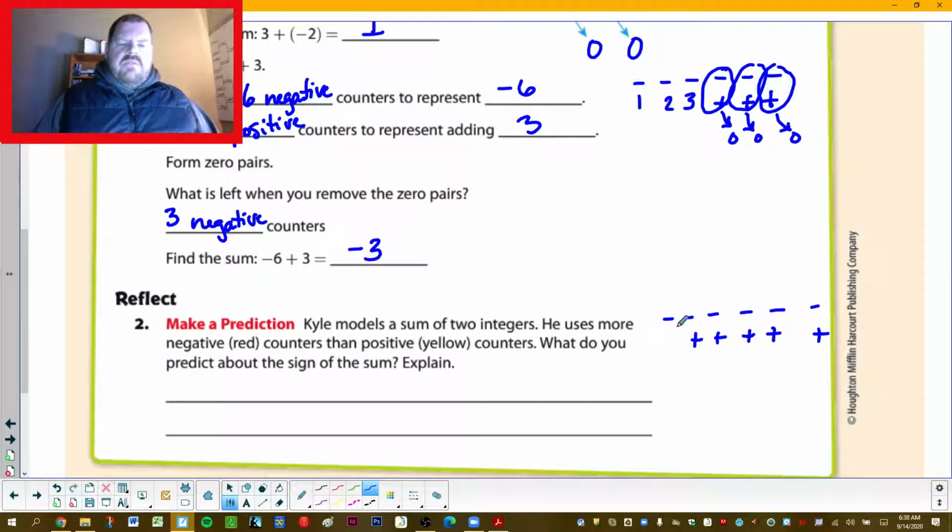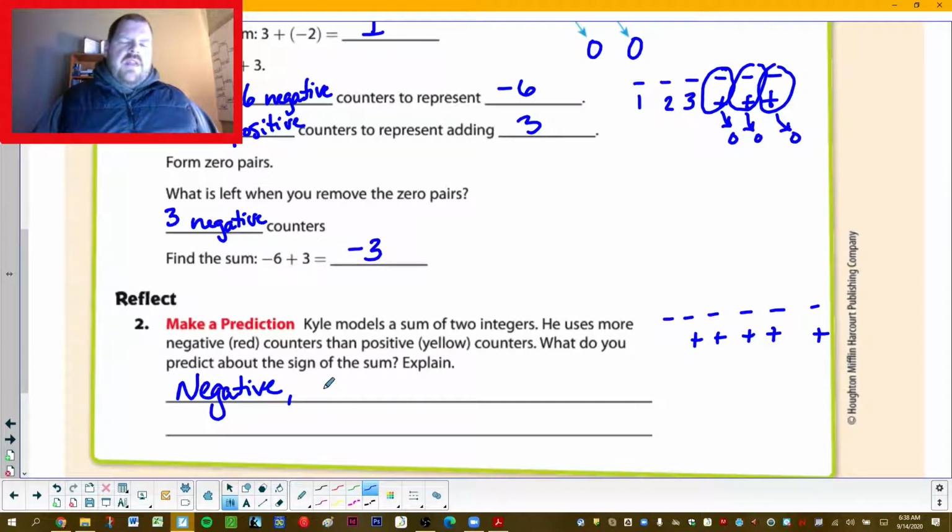But as long as there's more negatives than positives, the sign of the sum, the answer, is going to be a negative. I'm going to leave it to you to fill that in, but it's somehow related to the fact that when we form 0 pairs, we're still going to have negatives left over.